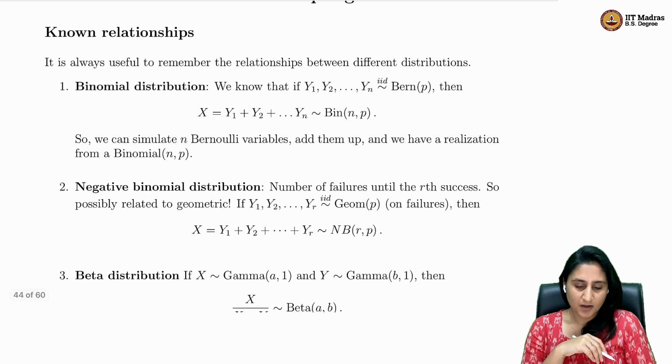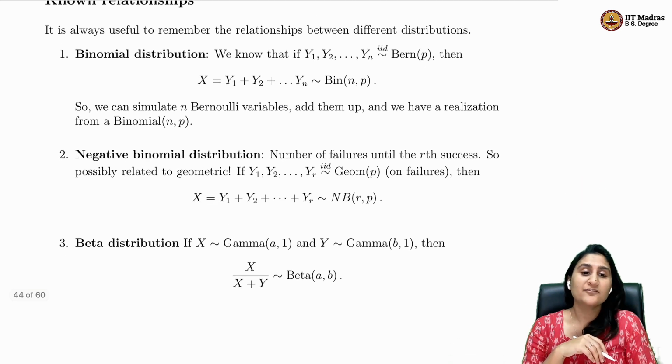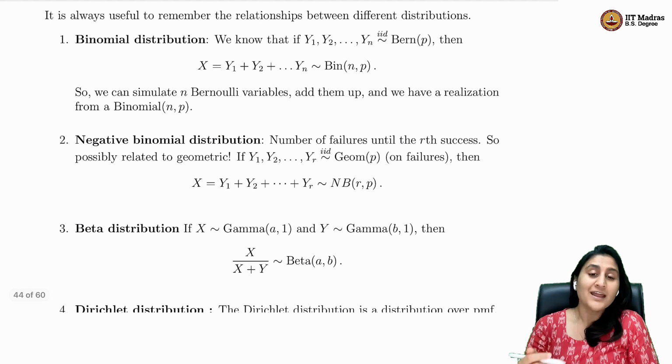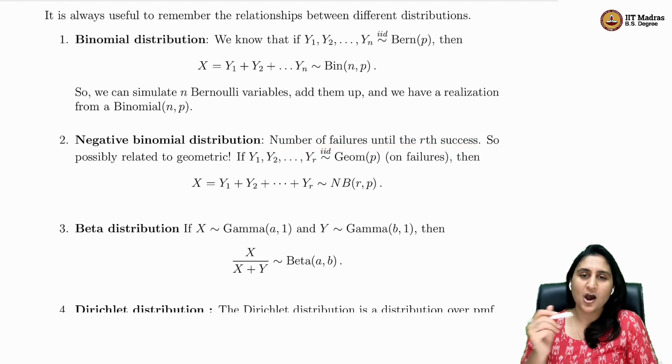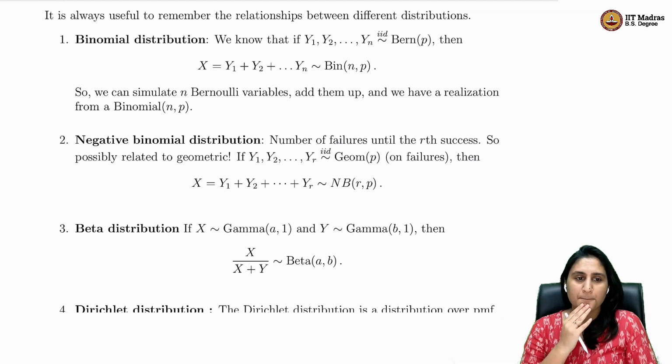Let's look at another one, the popular negative binomial distribution. The negative binomial distribution is the number of failures until the rth success. So how many times have we failed in some trials until we have the rth success?